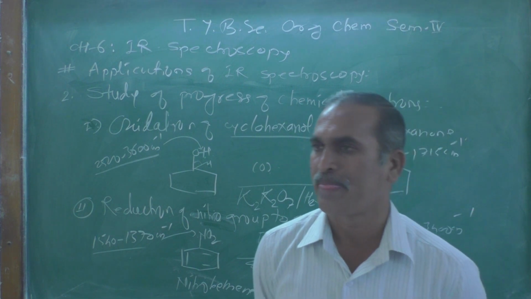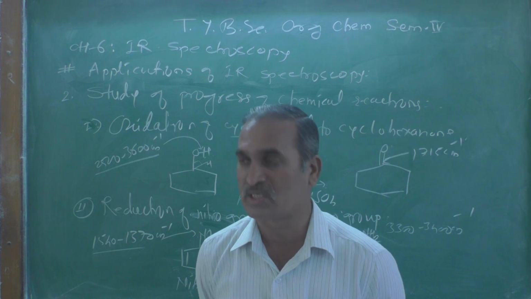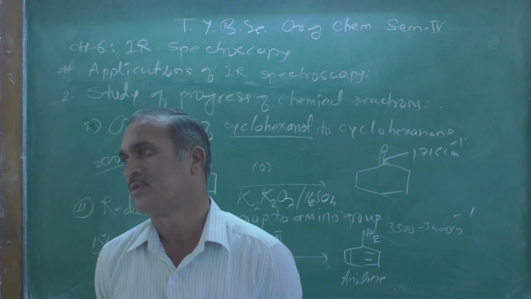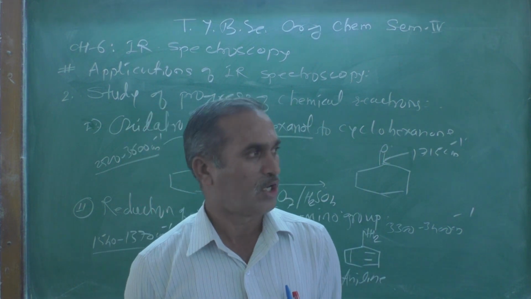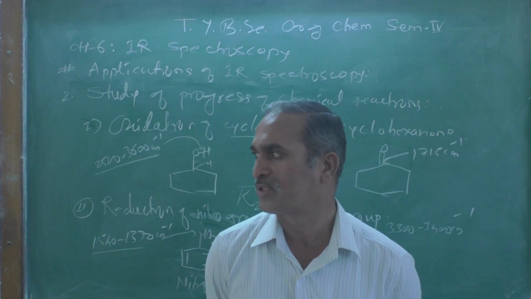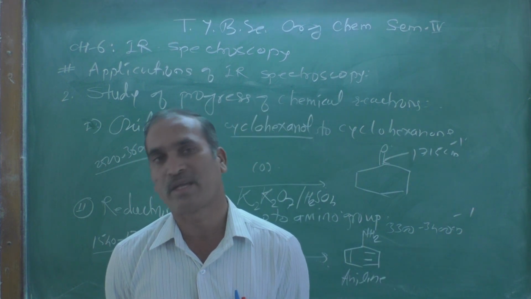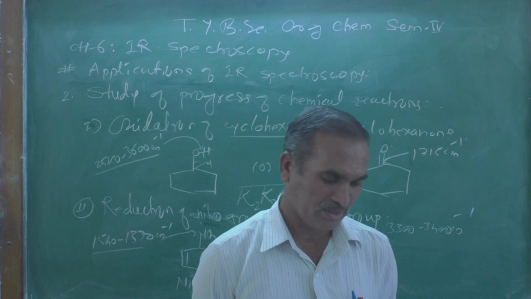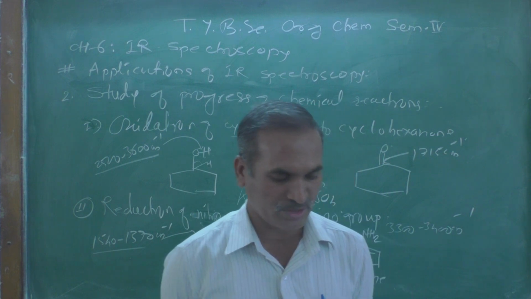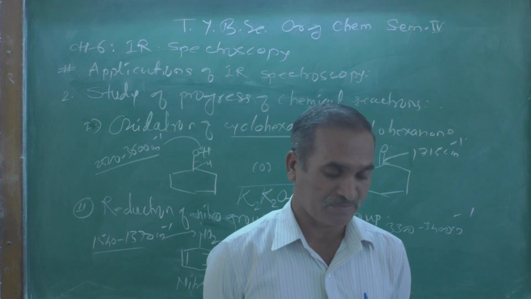You will get different signals and peaks, and from that we can easily understand whether the reaction is proceeding in the expected way or whether the reaction is completed or not. So that type of information we can get by IR spectroscopy, and the study of progress of chemical reaction is an important one from the exam point of view.